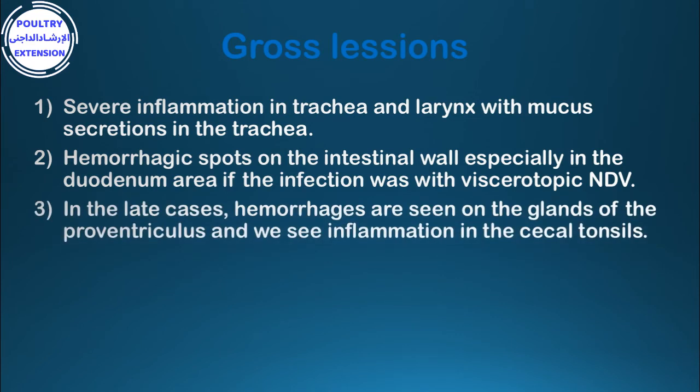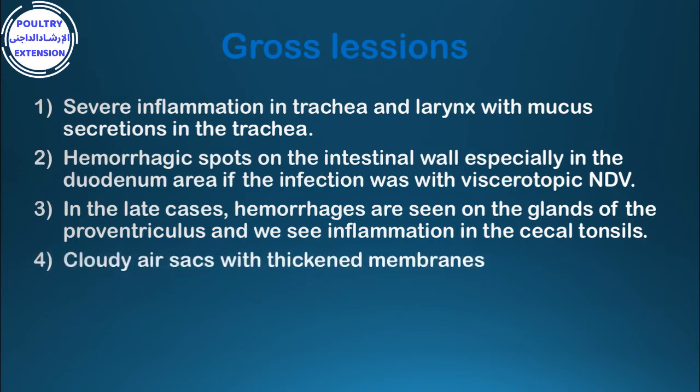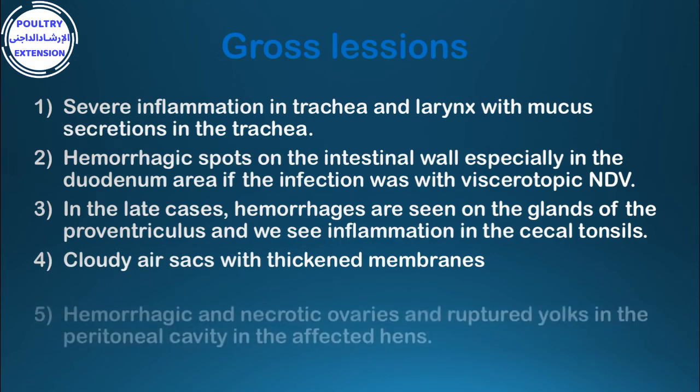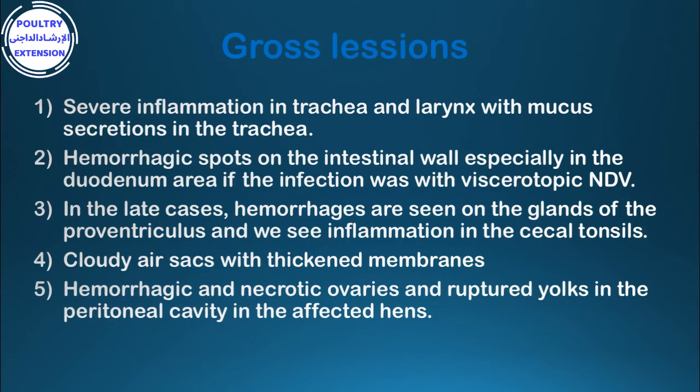In late cases, hemorrhages are seen on the glands of the proventriculus, and we see inflammation in the cecal tonsils. 4. Cloudy air sacs with thickened membranes. 5. Hemorrhagic and necrotic ovaries and ruptured yolks in the peritoneal cavity in the affected hens.